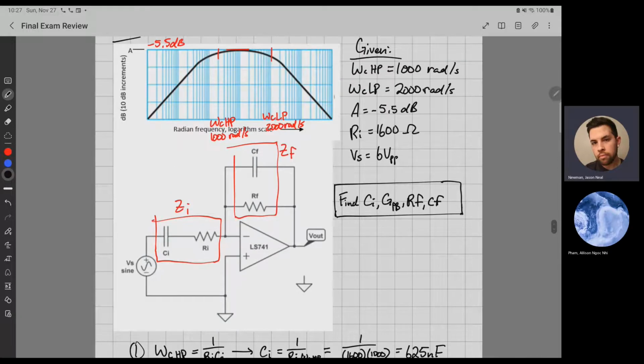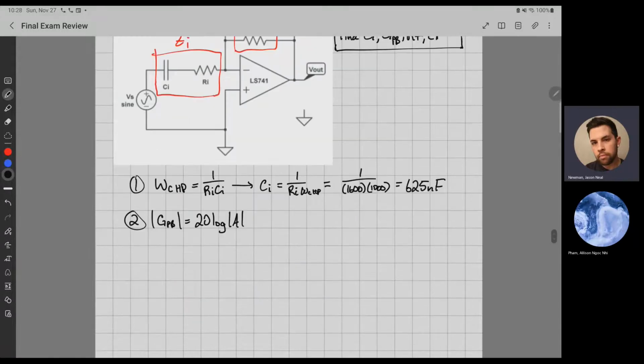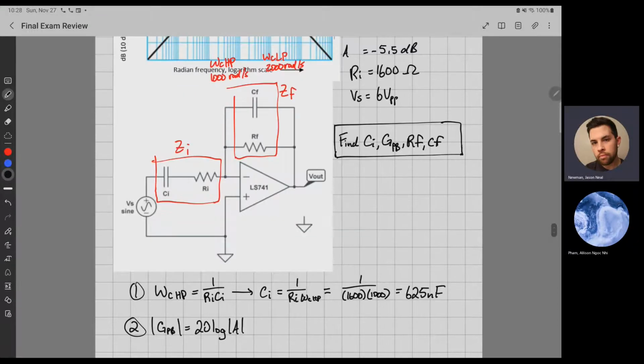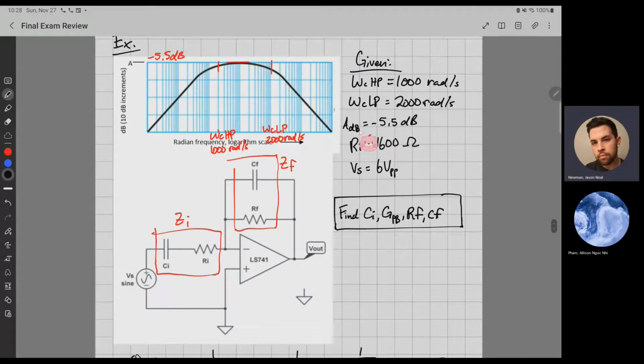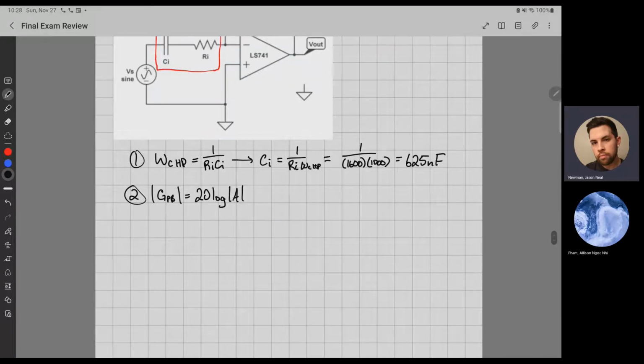Negative 5.5 dB. So is this A volts per volt? Let me double check myself. No, this is A in dB and is equal to that.